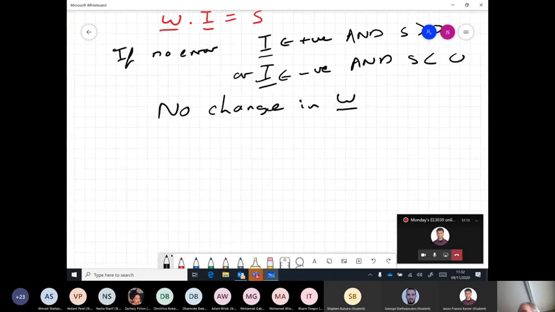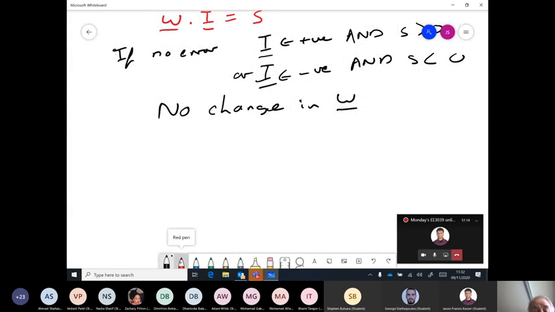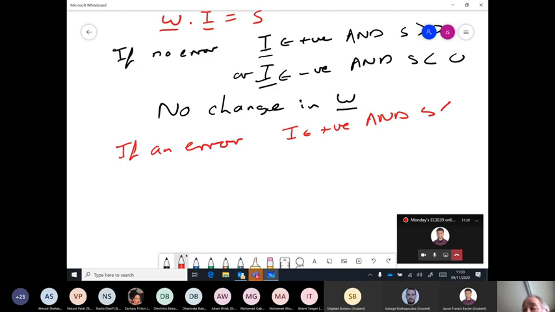Now, the next condition is if an error, and an error will occur if I is the positive class and S is negative, or I belongs to the negative class and S is positive, change the weight vector.